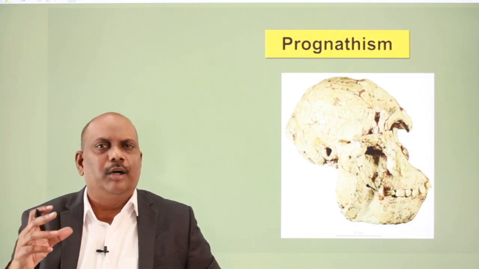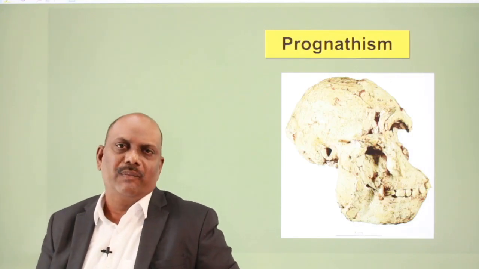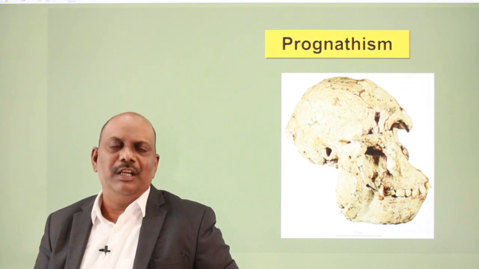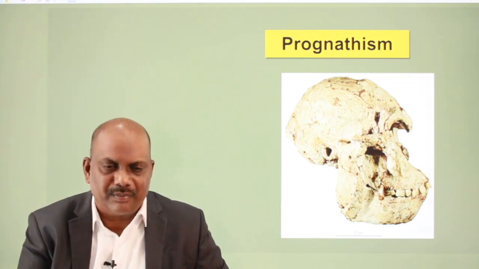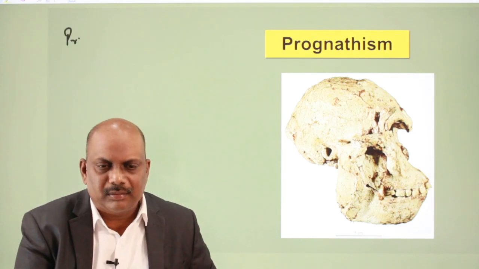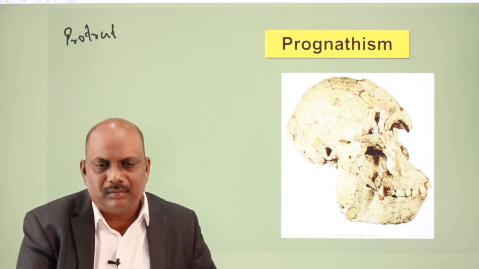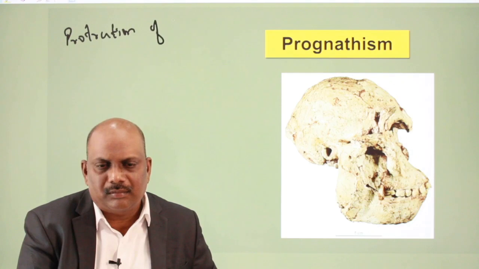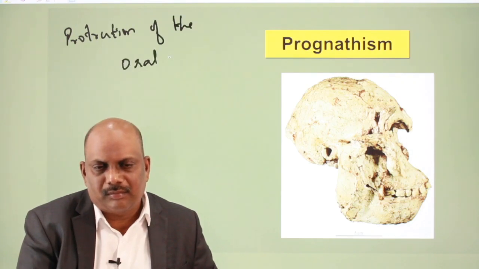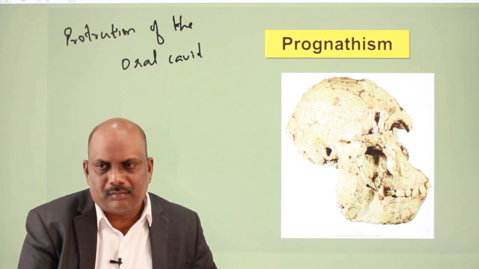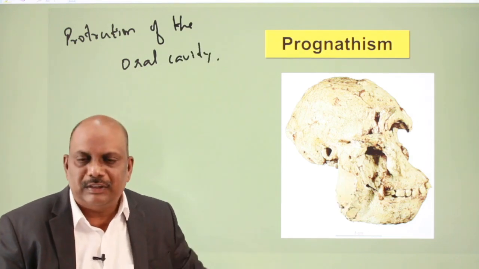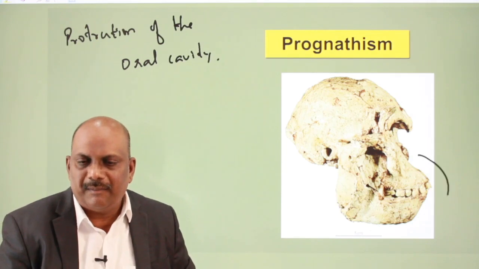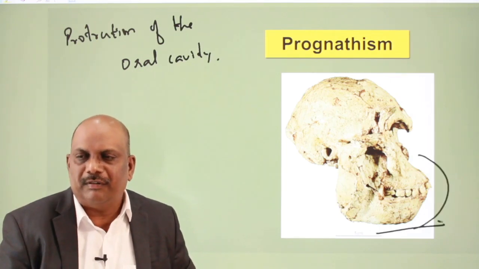Next is prognathism. Prognathism means a protrusion of the oral cavity forward. You can see in this picture, we can feel as if this oral cavity is being projected forward.